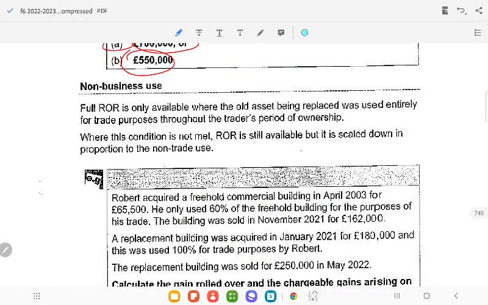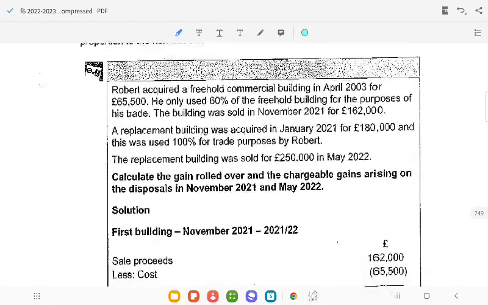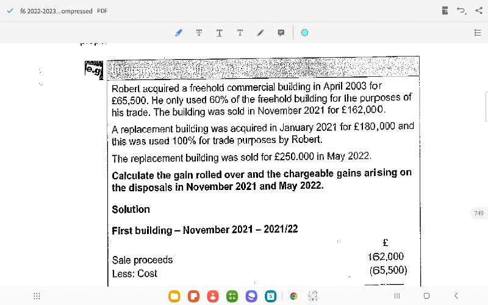Non-business use: full ROR is available only if the asset was used entirely for trade purposes. Where the condition is not met, ROR is available but restricted in proportion to non-trade use. Like in this question, he only used 60% of the freehold building for the purpose of trade.